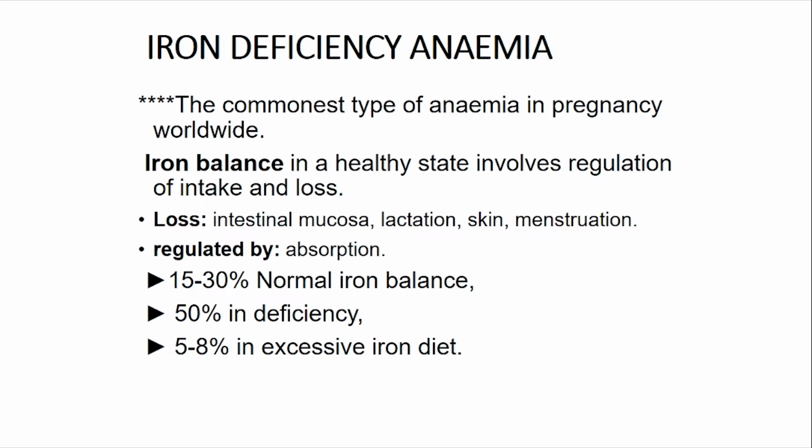Absorption of iron is also increased when a patient has iron deficiency, in which 50% will be absorbed, then 5 to 30% during normal iron balance, and 5 to 8% in an excessive iron diet can be absorbed.